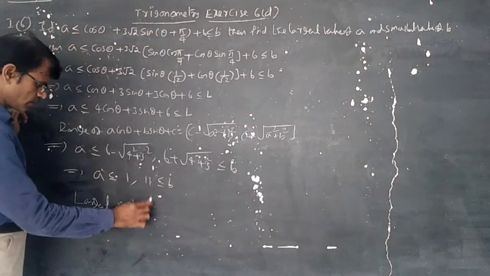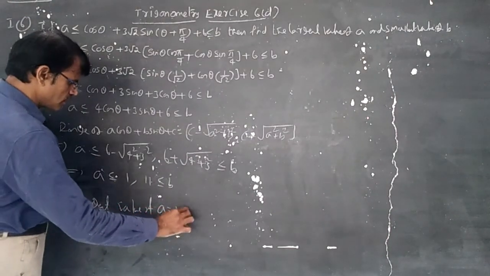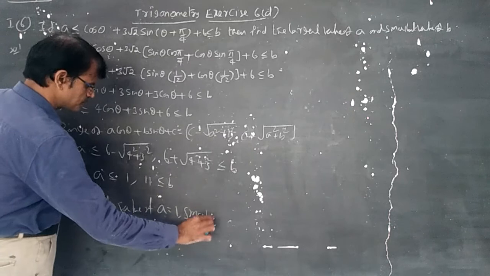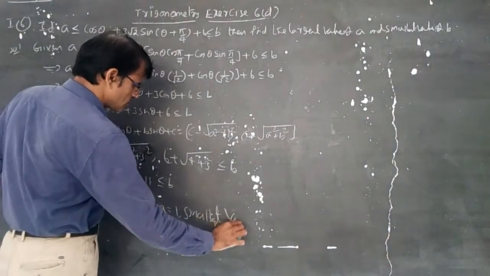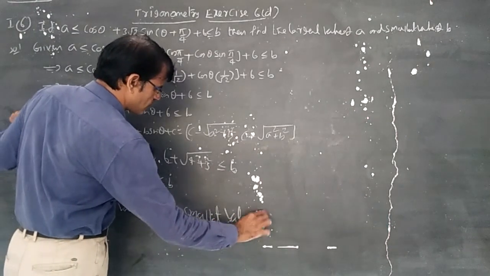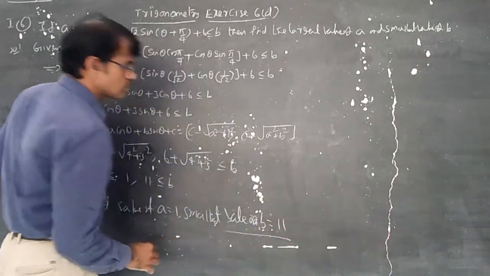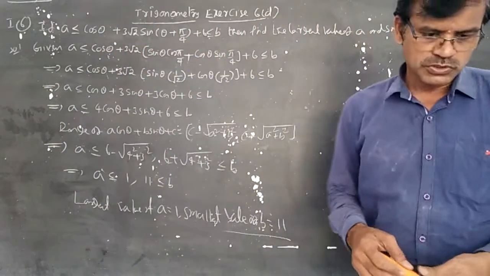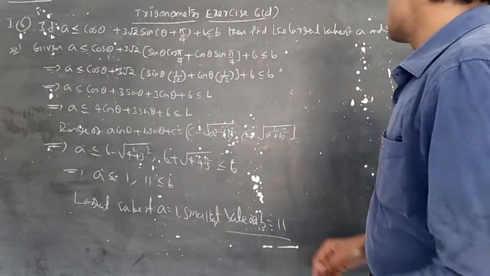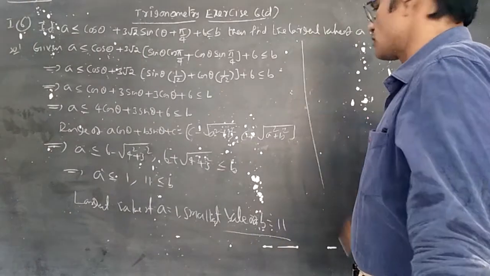Largest value of a is equal to 1 and the smallest value of b is equal to 11. That's all for this question. Now the next question, 7th question.